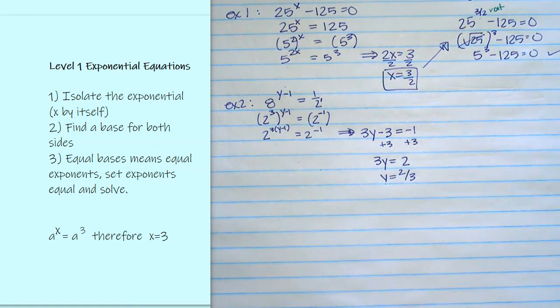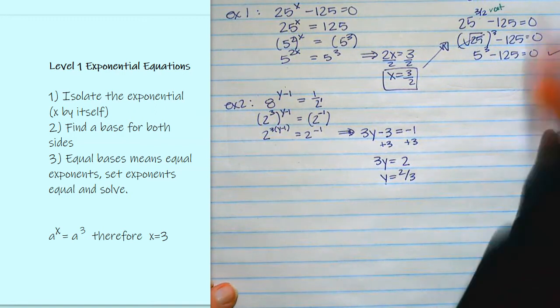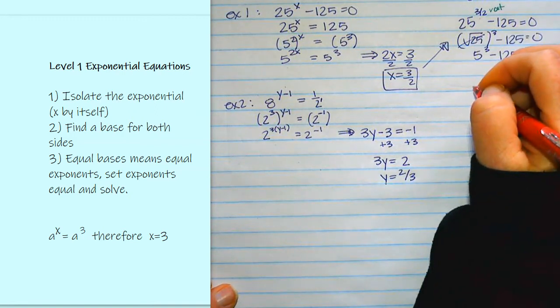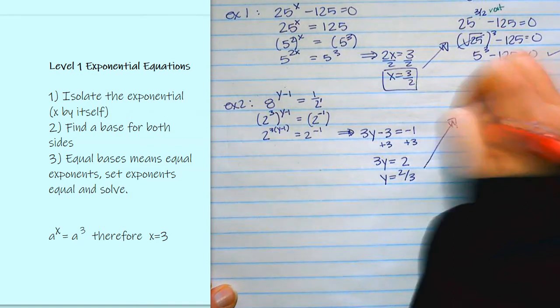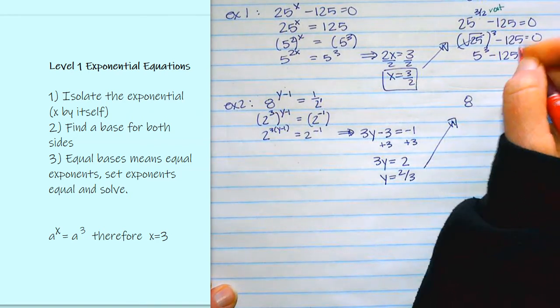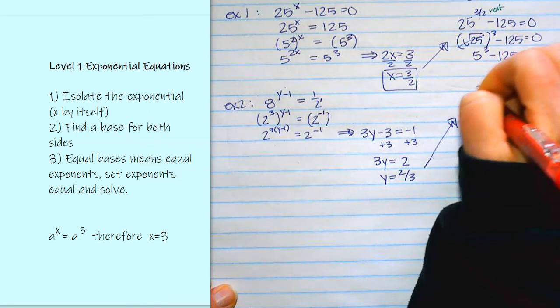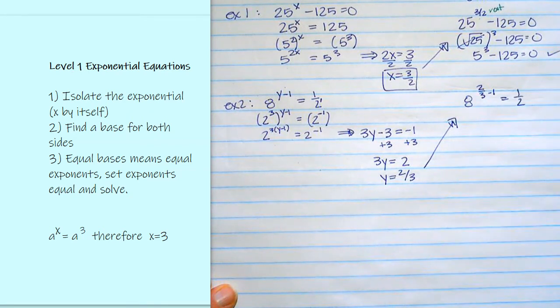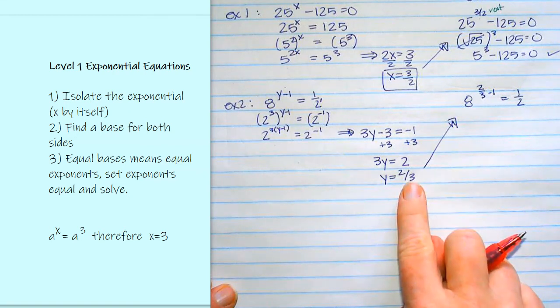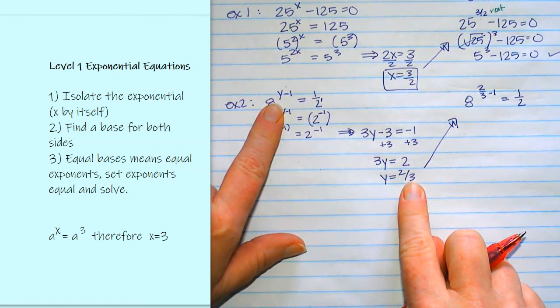So I've got a fraction answer there for y. I can plug that back in. If I want to check it, that would be 8 to the 2/3 minus 1 equals 1/2. That's my original problem rewritten with 2/3 here for y.